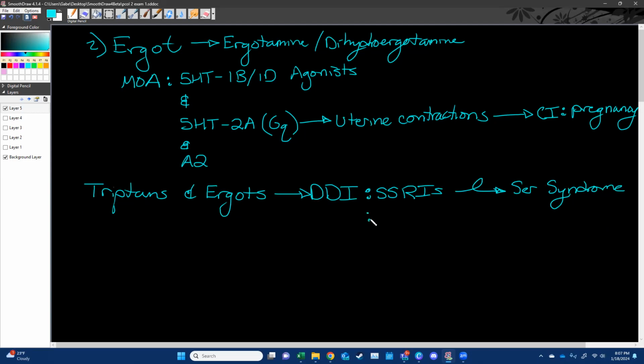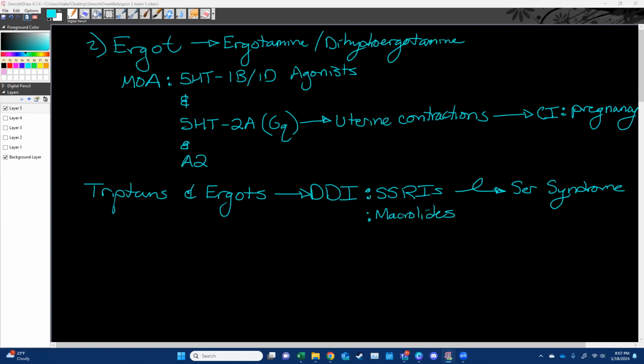The other one is macrolide antibiotics, so azithromycin and clarithromycin. And of course, you cannot give triptans and ergots together. Is this helpful so far? Okay, great.